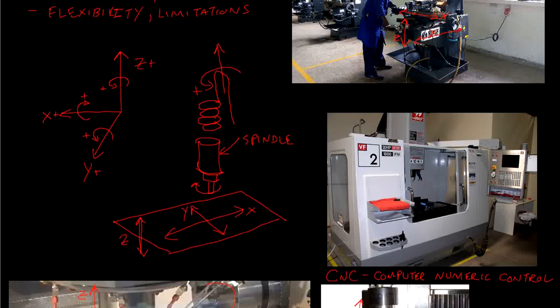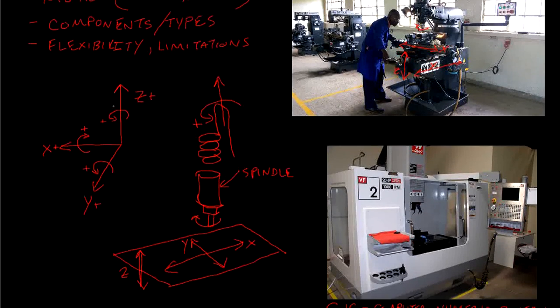So that's the main difference between a lathe and a mill. And just the coordinate system here, how these rotate and move along the Cartesian coordinate system.